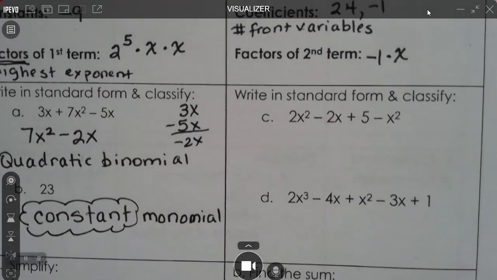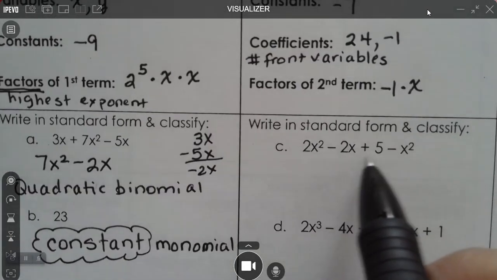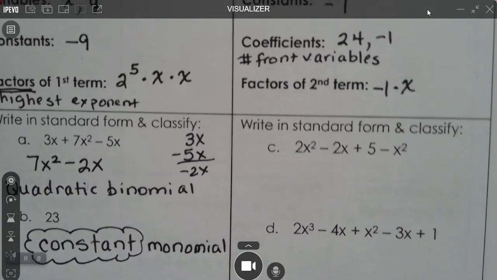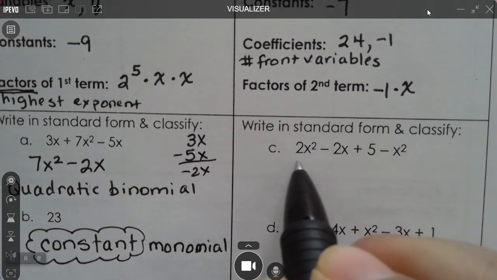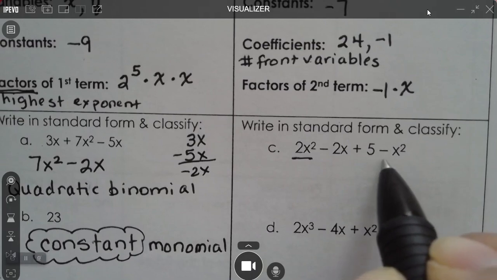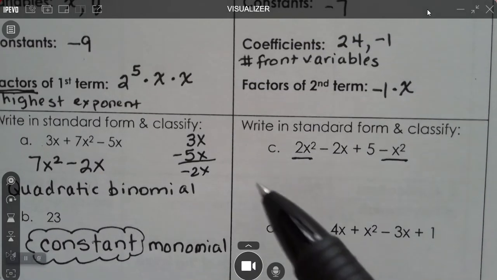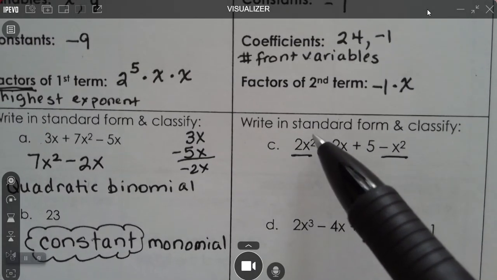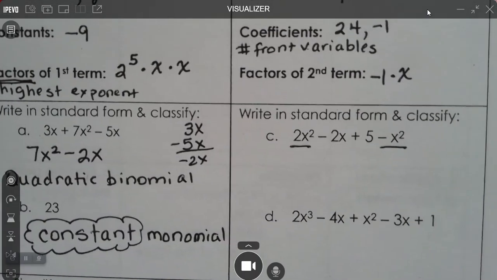Want to try it again? Okay, so which term here has the highest exponents? 2x squared, and who else? Negative x squared, right? So because they have the same variables to the same exponents, they're like terms.